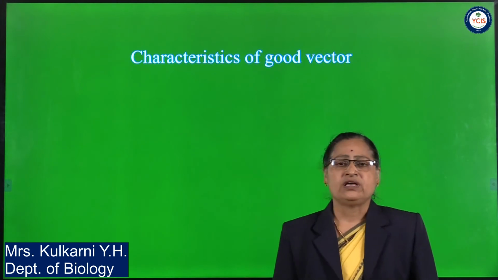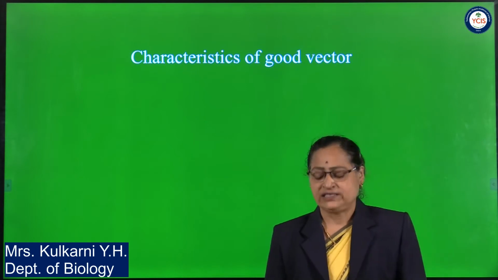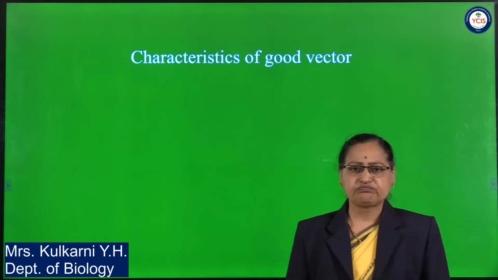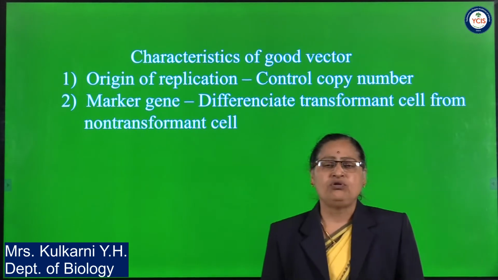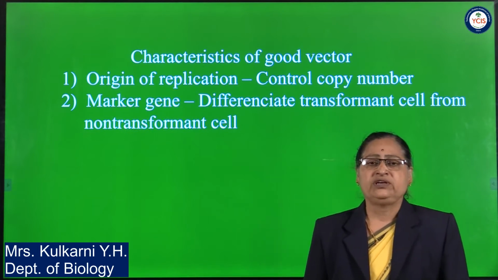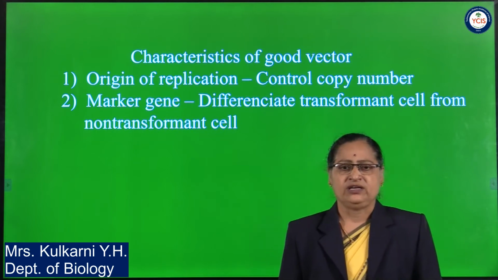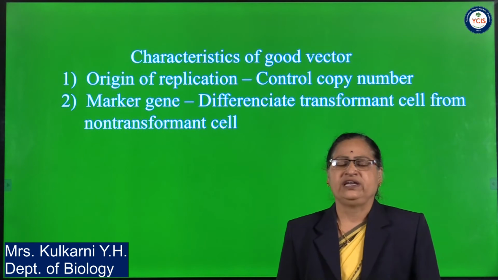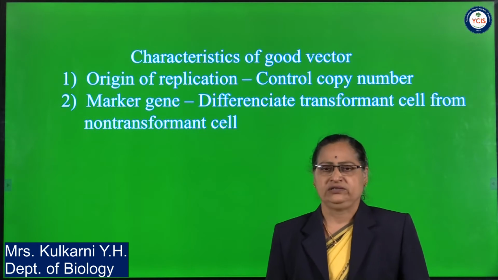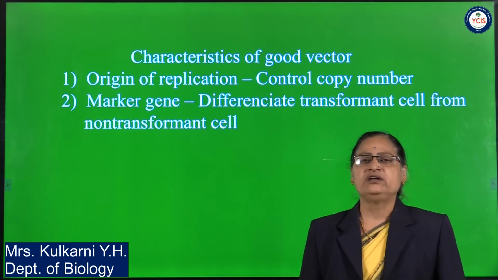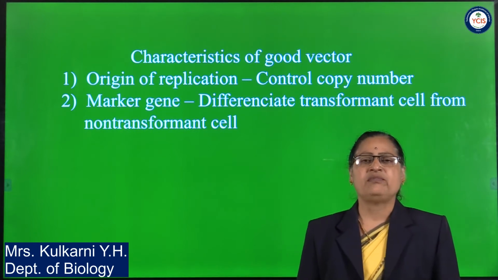Next to this, what are the characteristics of a good vector? A good vector has the ability of independent replication. The first characteristic is the origin of replication, means they can replicate, and this origin also controls the copy number of linker DNA. Next is the marker gene, the selectable marker.